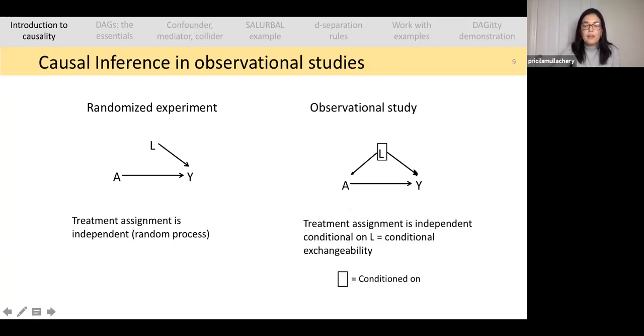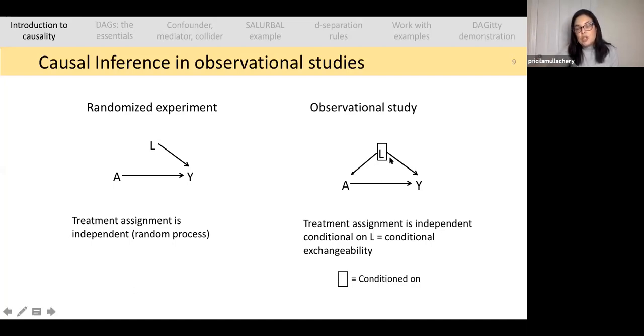However, there is a way to go around that, which is if we know which are these covariates and we can measure them, we can condition on them. Condition here means the same thing as adjusting for or stratifying by, right? This is the symbol, and we're going to see that in other DAGs when we move forward in this presentation.